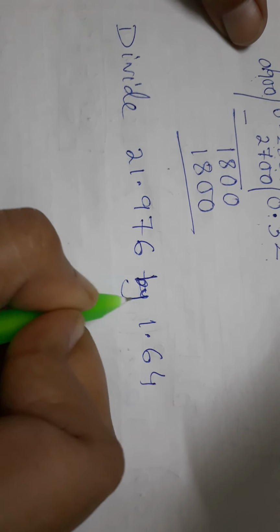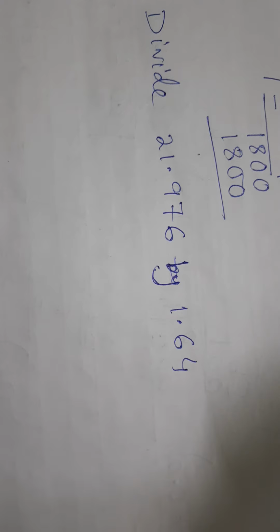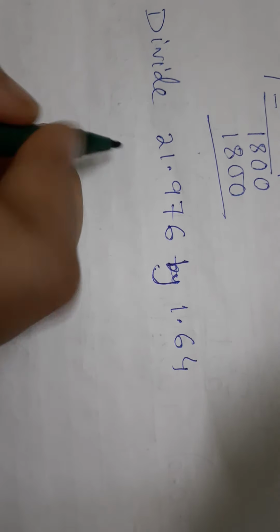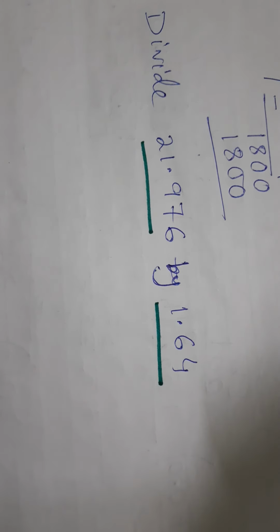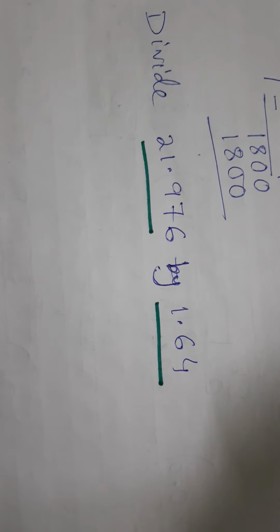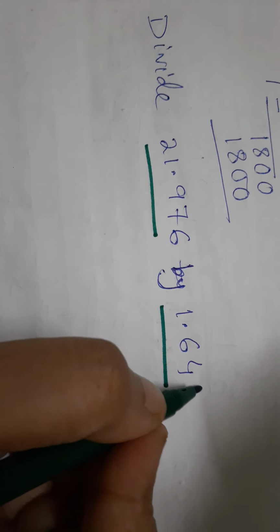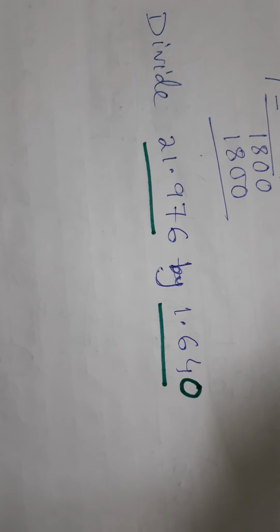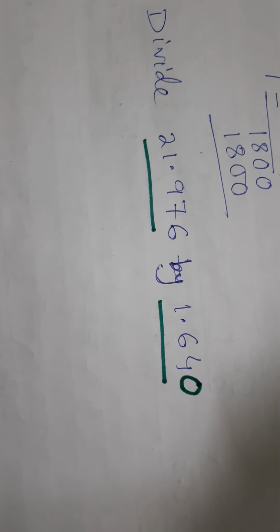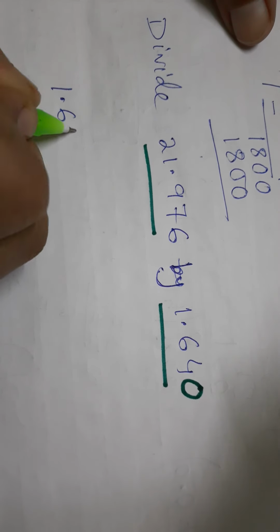So here, students, we are dividing 21.976 by 1.64. This is one more sum. So you can see, the first thing we have to do is make both decimal numbers like decimal numbers. So we are going to add one zero over here. After that we will do the division. So it will be 1.640.